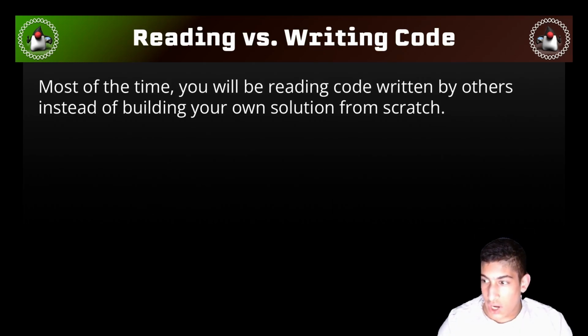So the reason why we're going to be studying this topic in this video is because most of the time, as a professional software engineer, you won't be writing your own code, your own solutions from scratch. Instead, you'll be extending solutions that others have already started to build.